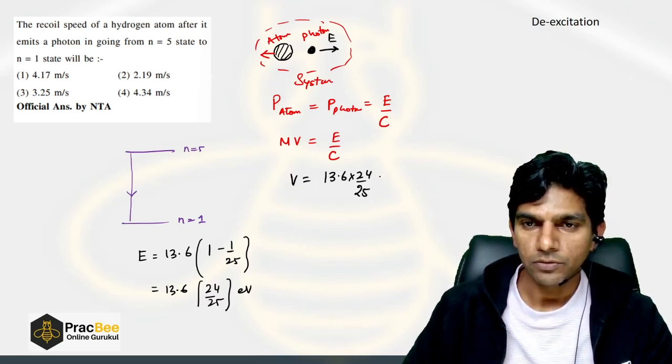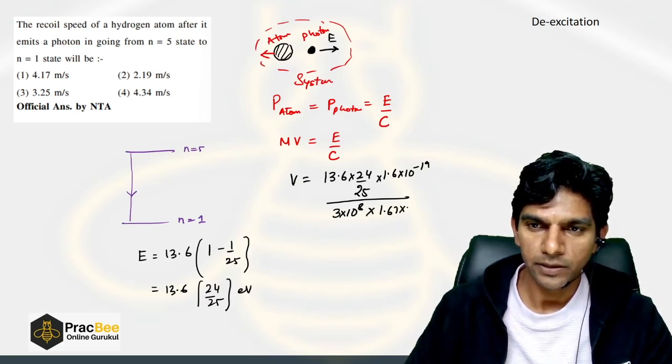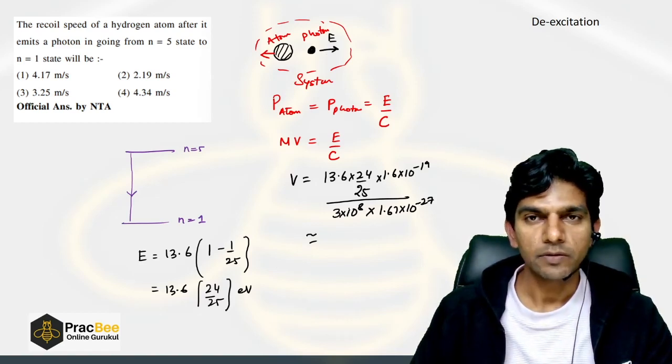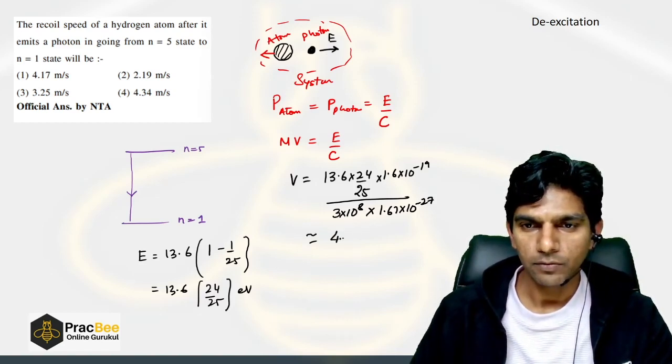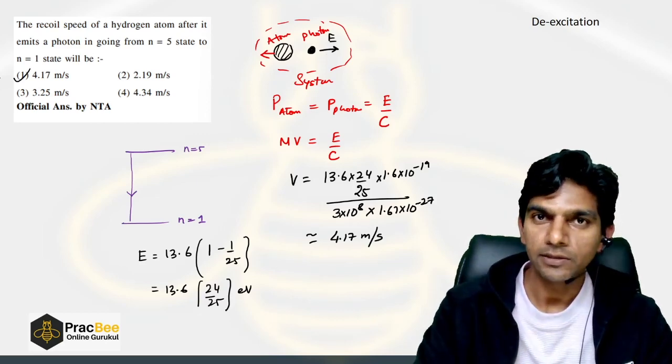This is in electron volt. Multiply this with 1.6 into 10 raised to power minus 19. Now divide this by 3 into 10 raised to power 8 and divide this by the mass of the atom, which is 1.67 into 10 raised to power minus 27. Now when we simplify this and calculate this, we will get 4.17 meters per second. So option 1 is the right answer.